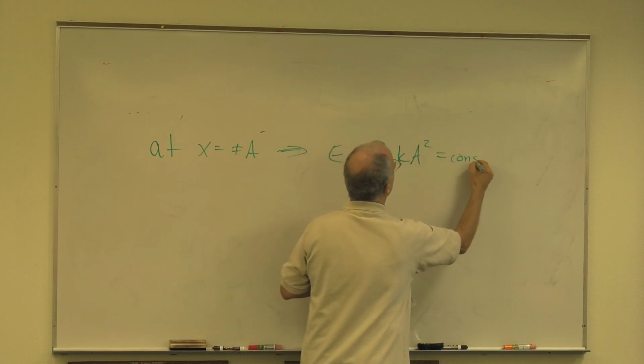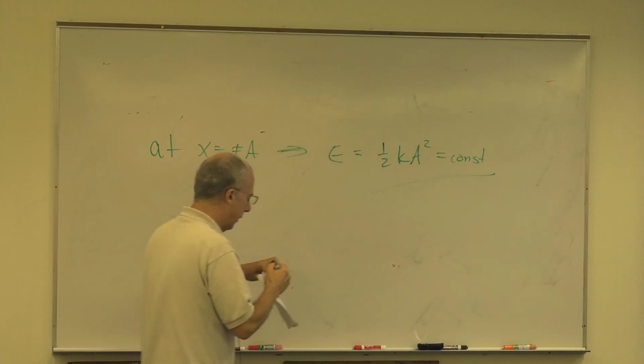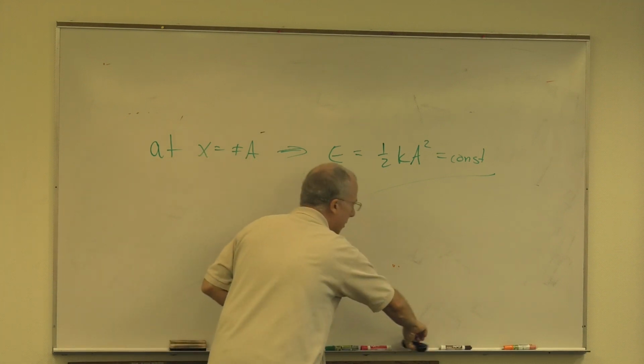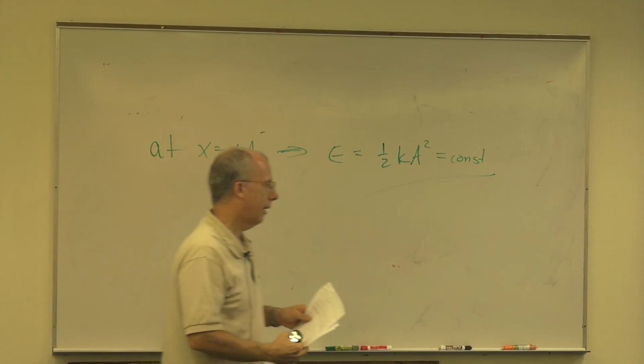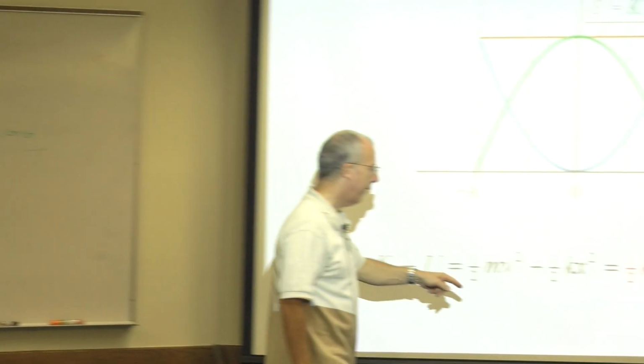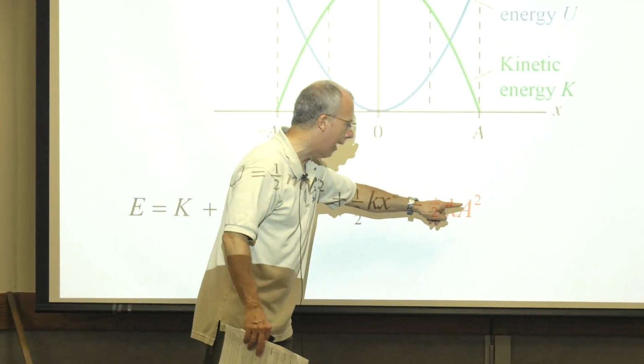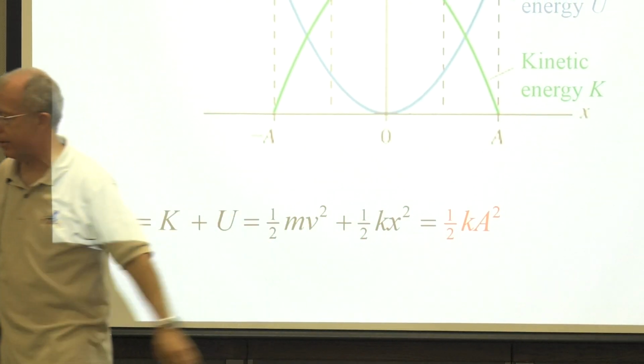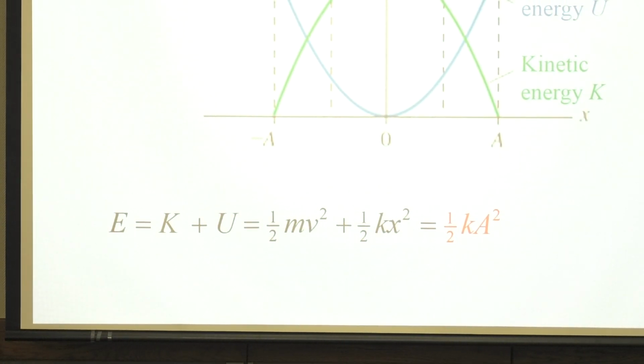So that's the constant. Ta-da! Is that cool or what? So that means that the energy is always constant and is equal to 1/2 k amplitude squared. Always. So that's kind of cool.